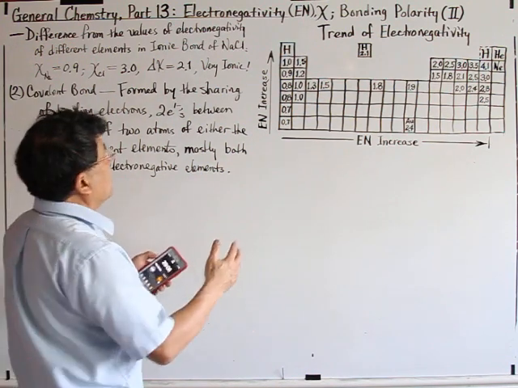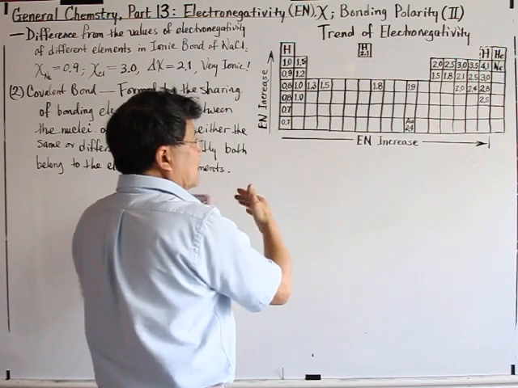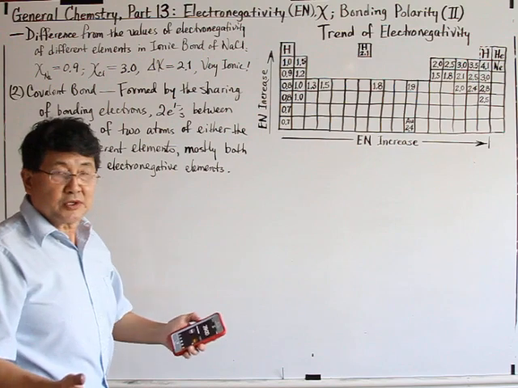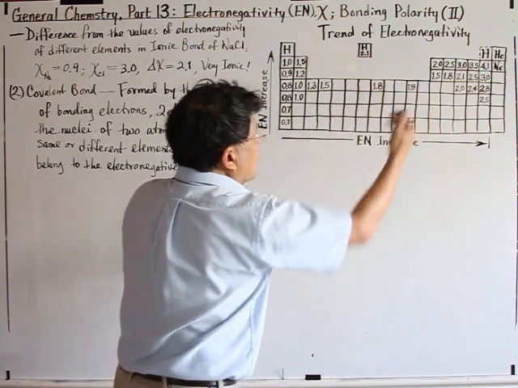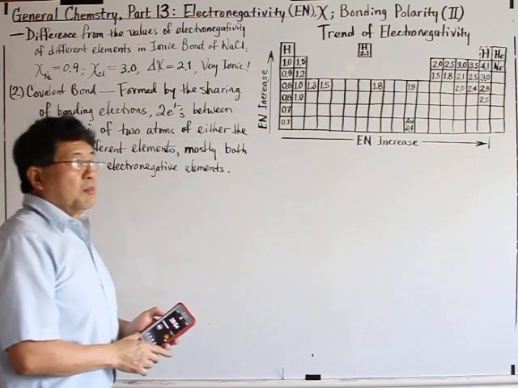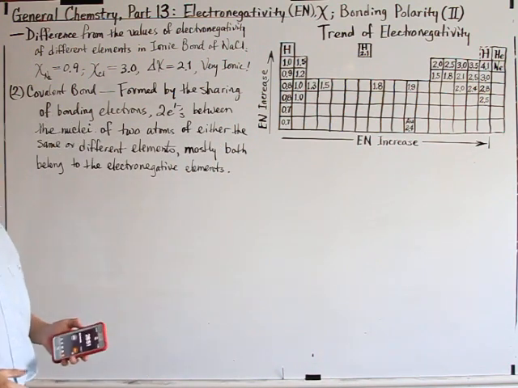Mainly we'll talk about the metal elements, their atoms losing electrons completely, which we call transfer, to the non-metal elements on the other side of the periodic table, which belong to the electronegative elements.